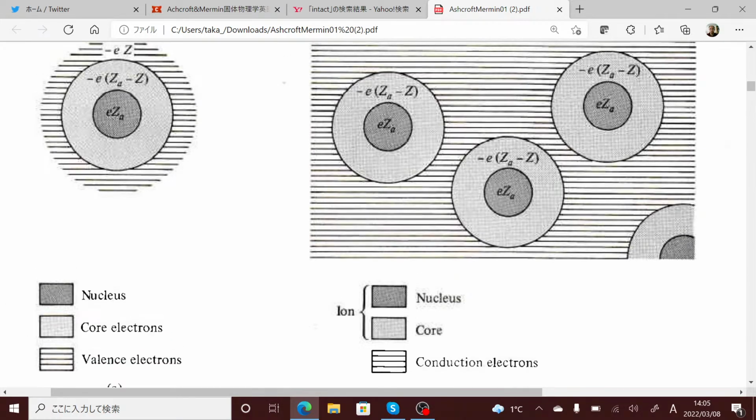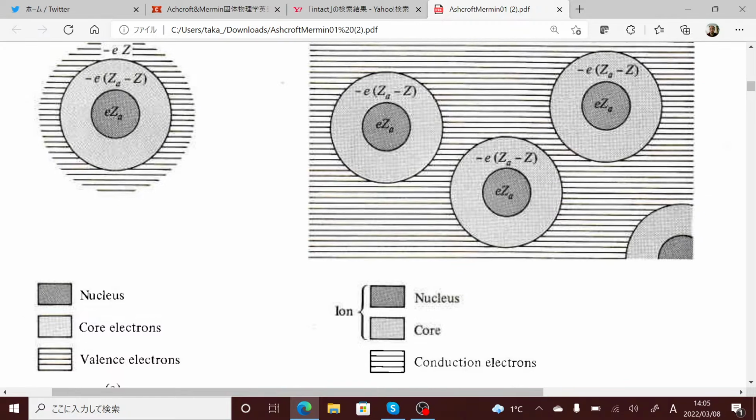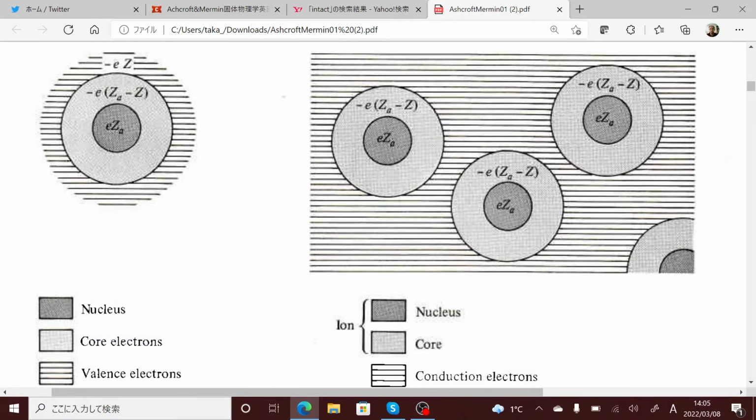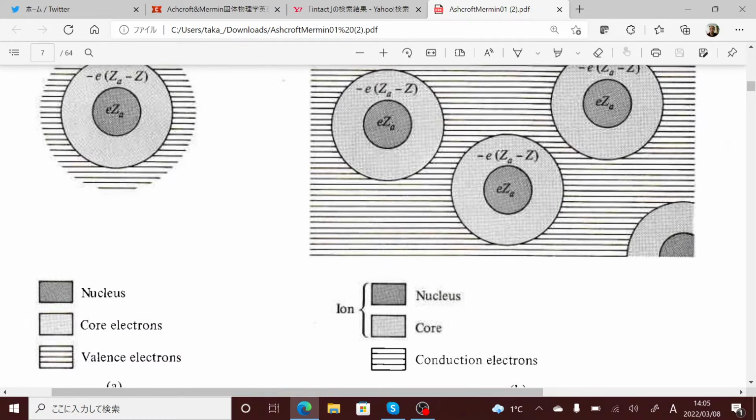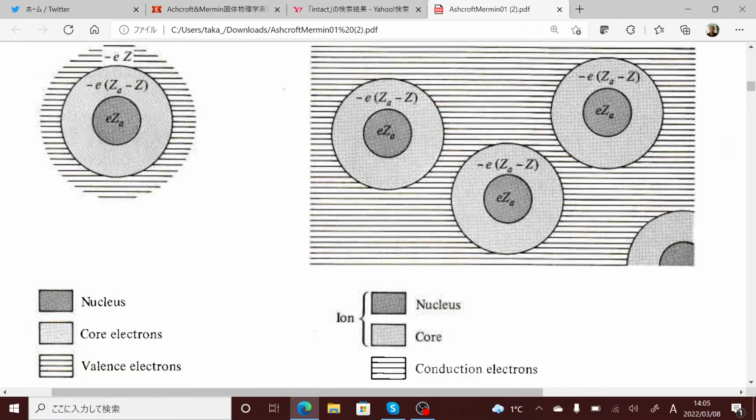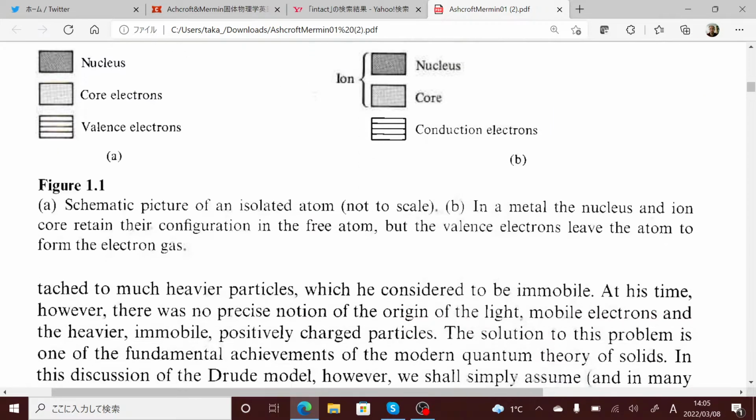Nucleus, core electrons, valence electrons. In solid, conduction electrons. Ion consists of nucleus and core.